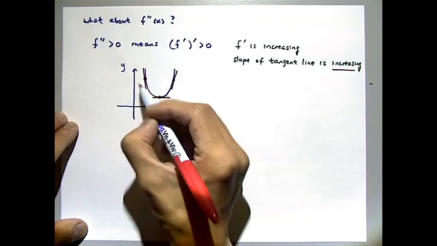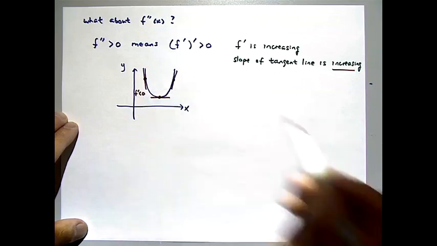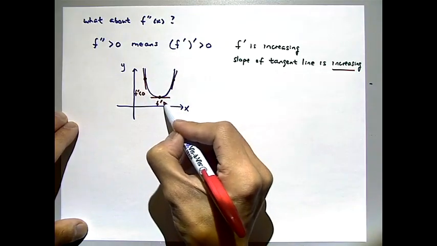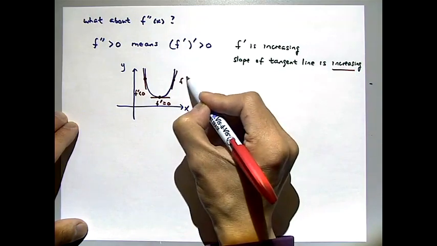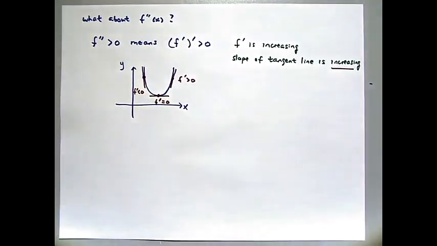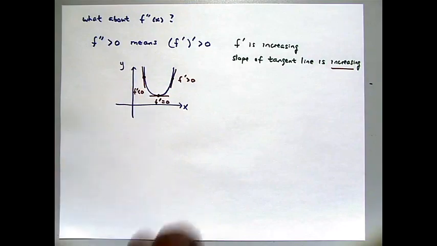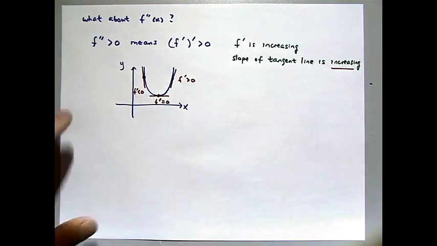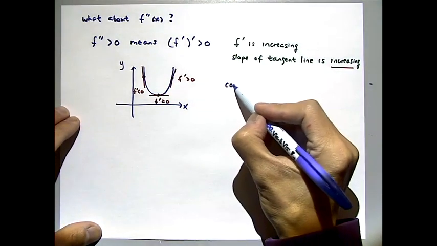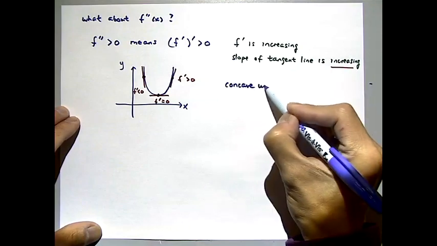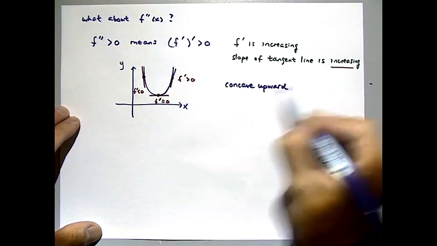So it went from negative slope to a 0 slope and then to a positive slope. As I move from left to right, the slope of the tangent line gets bigger. And that will result in a shape that looks like an upward opening parabola. We call this a concave upward shape.